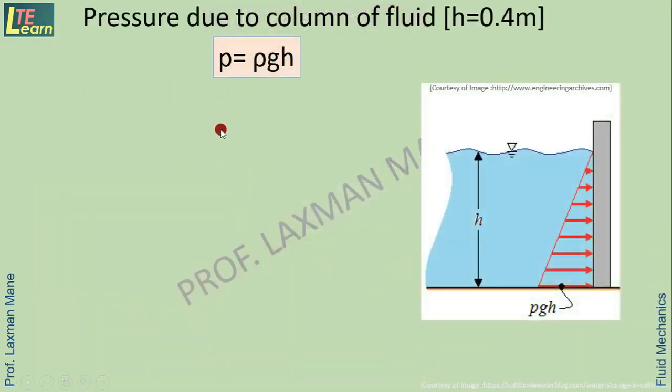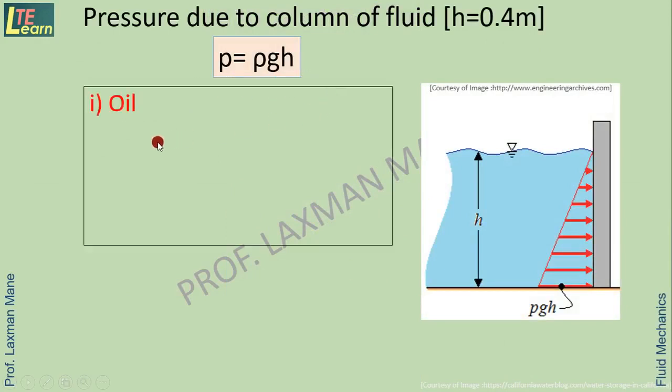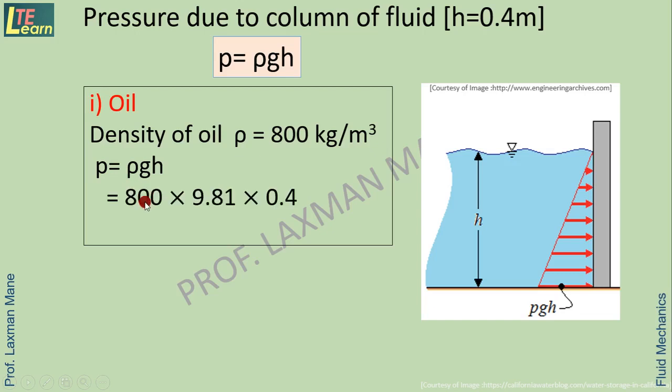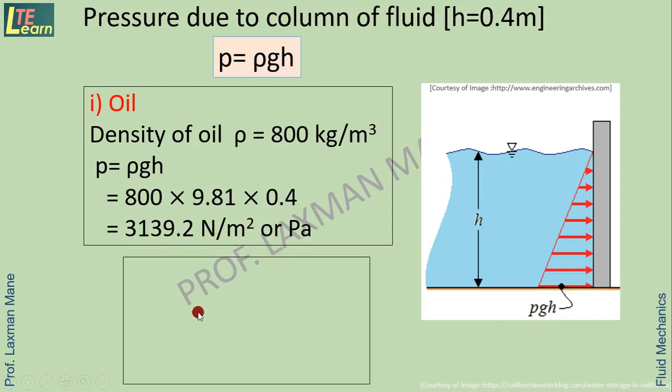By the definition, pressure at a point P is equal to rho g h. For the oil, density is given as 800 kg per meter cube. So P is equal to, putting the value of rho for oil, the value of g is 9.81, the value of h is 0.4. Doing the calculation, we get the pressure intensity of oil in Newton per meter square or Pascal.